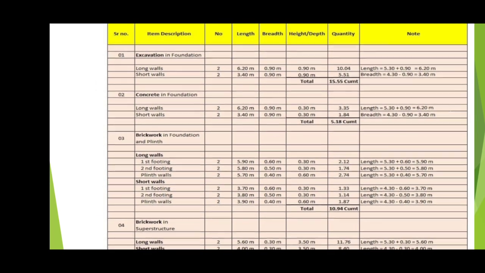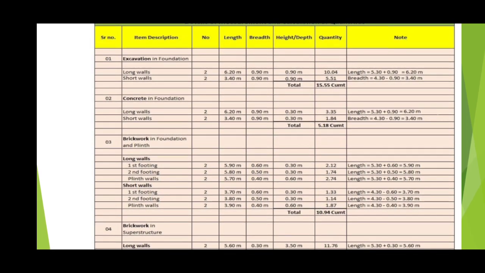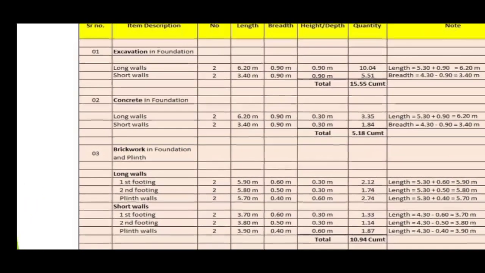This is the tabular form of the measurement sheet or bill of quantities, which includes serial number, item description, number of items, length, breadth, height, quantity, and last, remarks if any. Now the first item to be calculated is excavation in foundation.